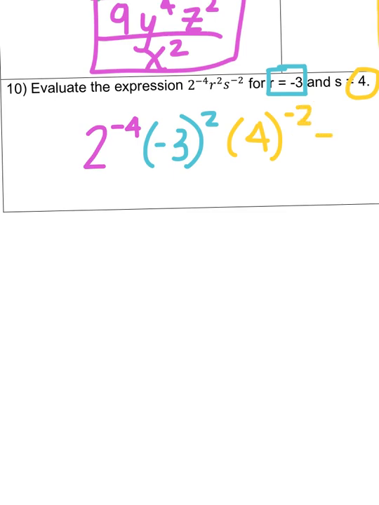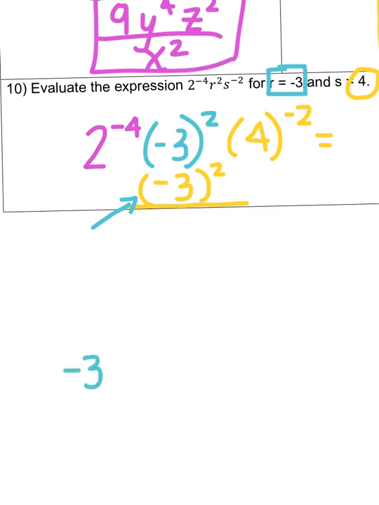So if we're going to set this up so that it's a little bit easier to solve, the only one that's happy where he is is negative 3 squared. Be sure that when you are substituting a number, that you use the parentheses.